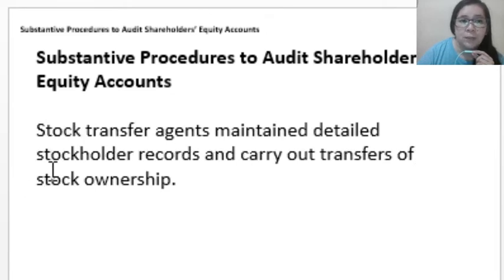Stock transfer agents, on the other hand, maintain the detailed stockholders' records. This is carried out for the transfers of stock ownership. Here, the stock transfer agents are responsible for recording the details of the transfer of ownership or the issuance of the stocks to the shareholders.